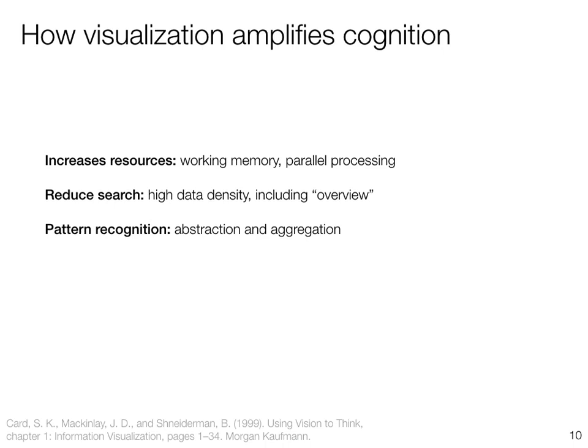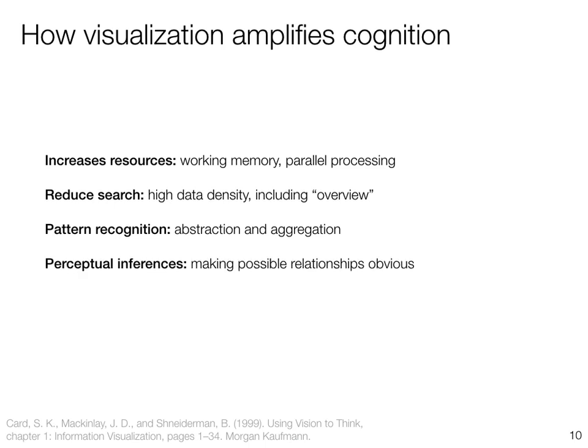And pattern recognition is another reason or another mode of supporting cognition, in the sense that data visualization actually allows us to abstract and aggregate large data sets into shapes that might be more accessible or more informative than if we just had, for example, very long tables.